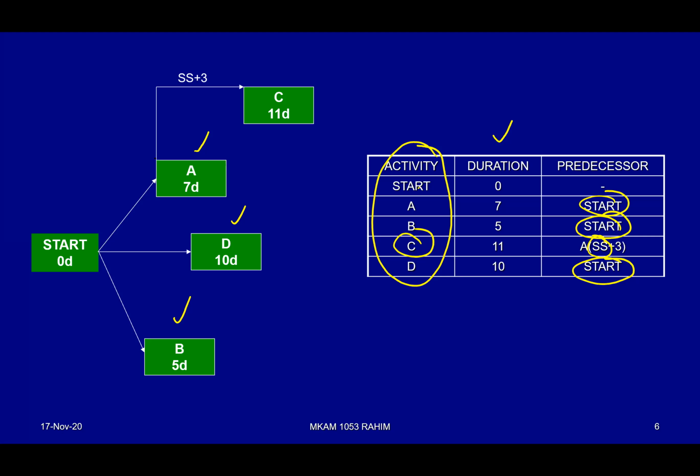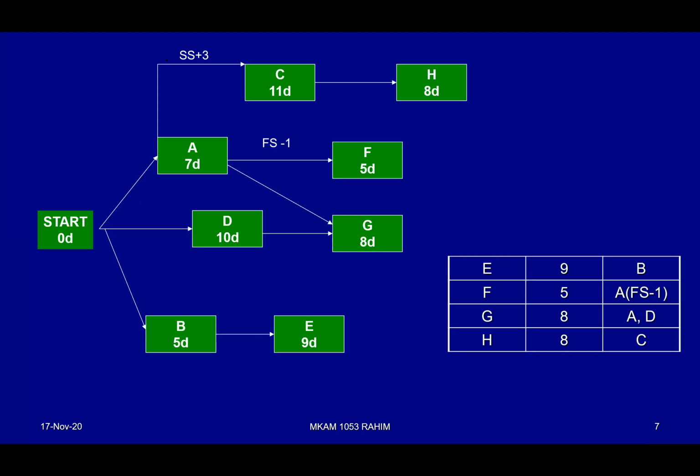Now the arrow comes from the left side and goes into the left side, indicating start to start with a lag of 3 days. So we indicate that lag of 3 days, because if you do not do that, later on you might miss certain things, because the calculation must include those things. Then continue with E.